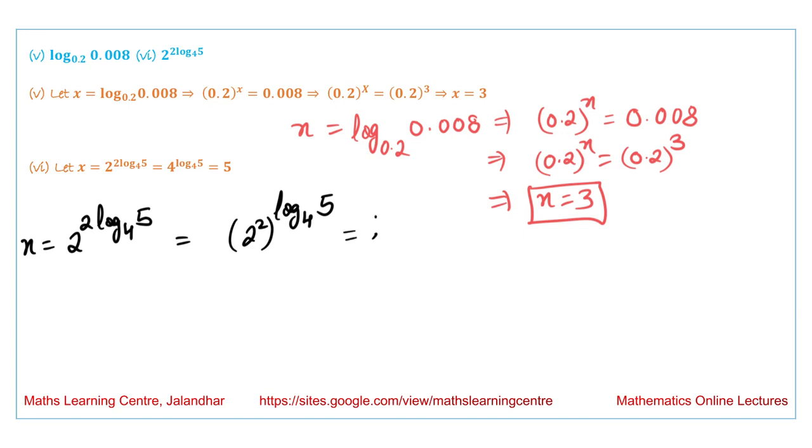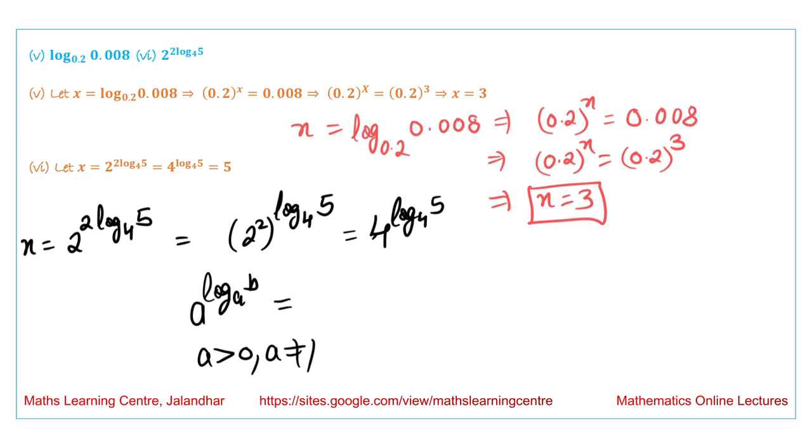This is equal to 4 raised to the power log 5 to the base 4. And we have seen the formula that a raised to the power log b to the base a, where a is greater than 0 and a is not equal to 1, is equal to the value b. So in this case this is equal to 5. This formula we have already studied.